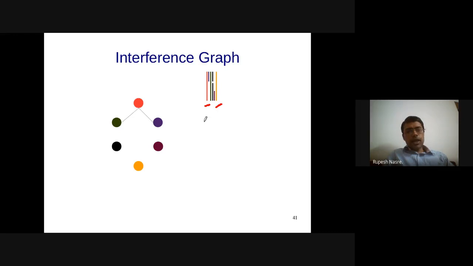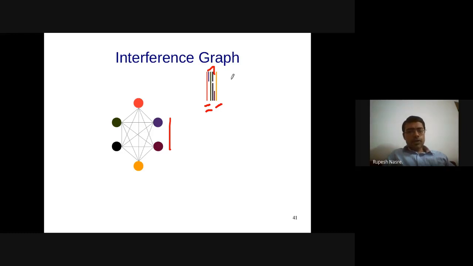Then A and B also overlap, and A and C also overlap, and so on. So there are only these two nodes which really do not overlap. These are these two different colors, purple and violet, which are essentially B and E, right?